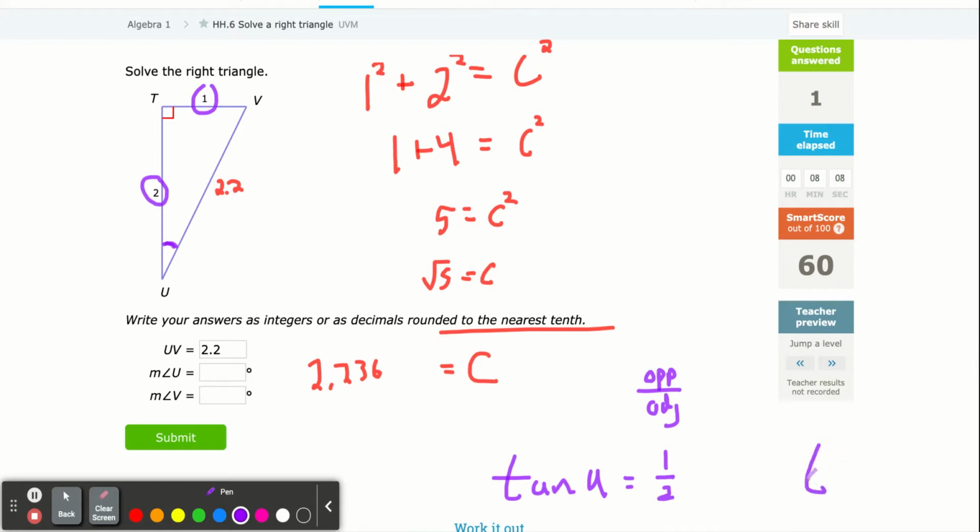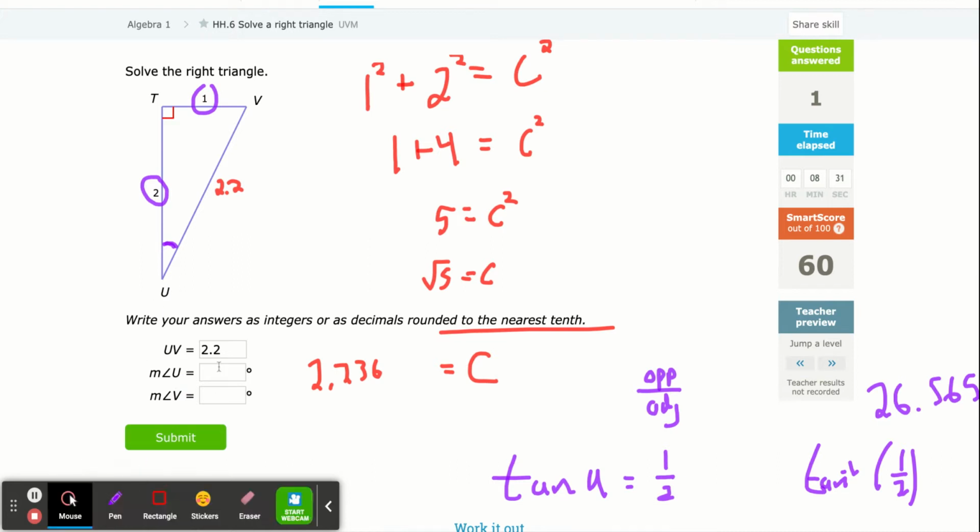So now I just take the inverse tangent of 1/2, and I'll find out what angle U is. Inverse tangent of 1 divided by 2 is 26.565. So if I round the measure of angle U to the nearest tenth, it's 26.6.